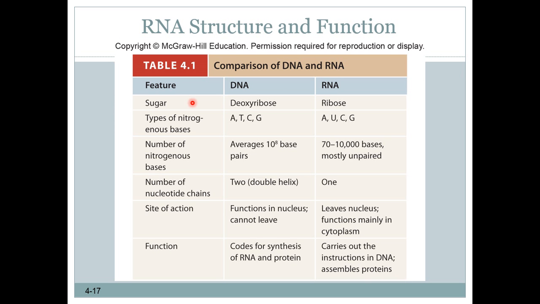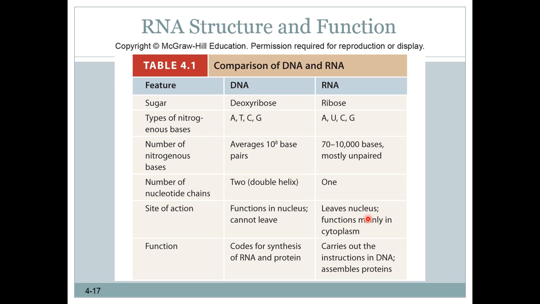Looking at the type of sugar that's used within the strand, the type of bases that it has, the number of nitrogenous bases, the number of nucleotide chains, and the site of action for each one. So we see for DNA, it functions in the nucleus and it cannot leave.